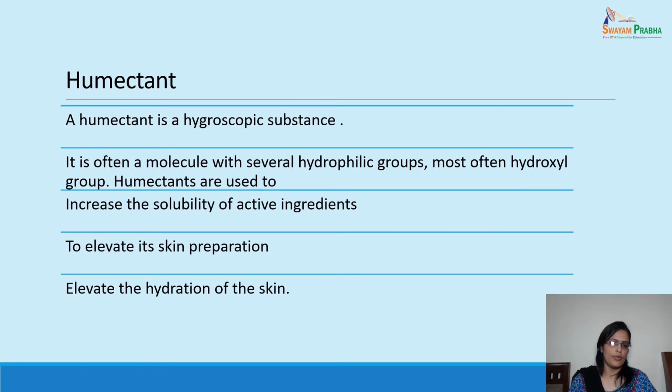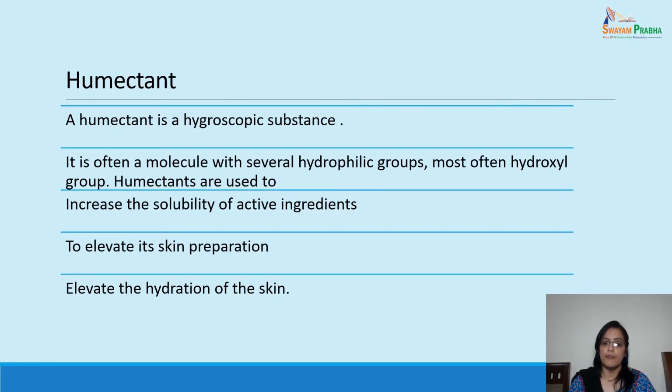Humectants. We also discussed this in suppositories. This is also a very common ingredient. A humectant is a hygroscopic substance. It contributes to hydration and prevents drying out of the skin and the formulation.